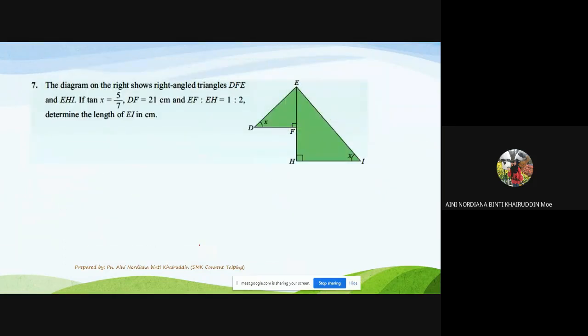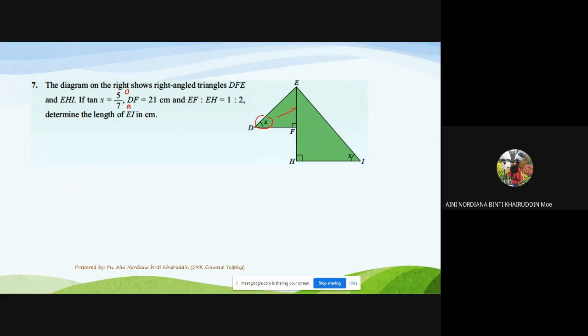Question number 7. The diagram on the right shows right angle triangle DEF. So this is the triangle DEF and EHI. Given that tangent X is 5 over 7. This is X. Tangent is TOA, opposite over adjacent.